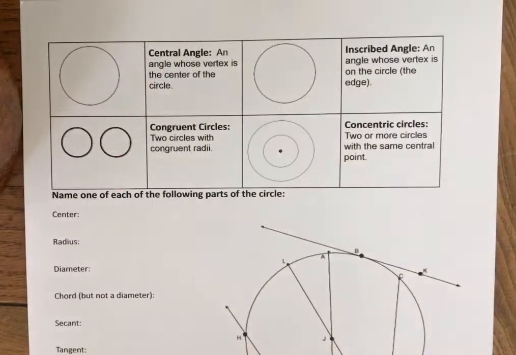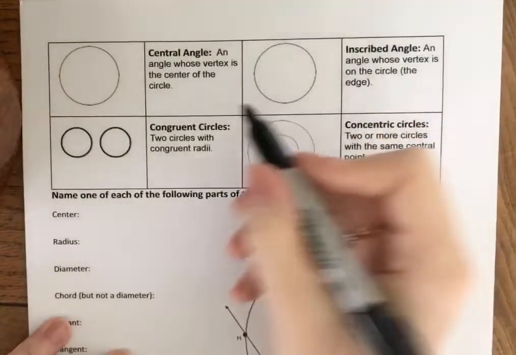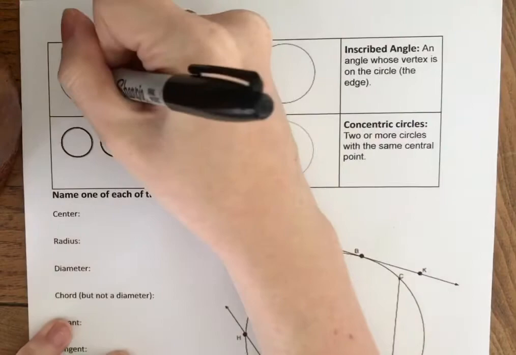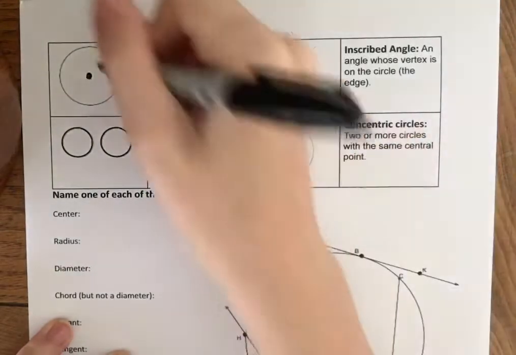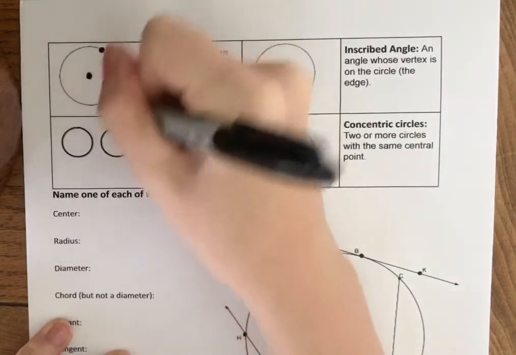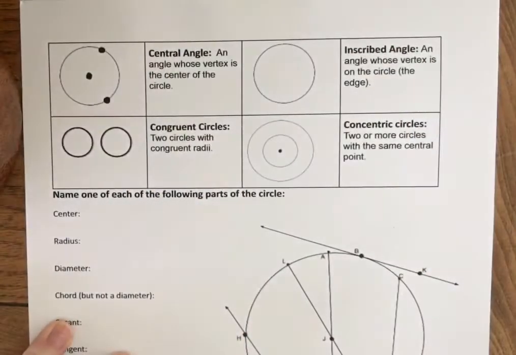All right, a few more vocab words. So central angle and inscribed angle. This is going to be important a little bit later on in this unit, but just so you know what it is for now. A central angle is an angle whose vertex is on the center of my circle. So let's say I've got my center and then I've got maybe 2 points on my circle here.